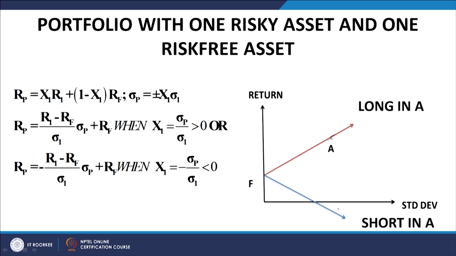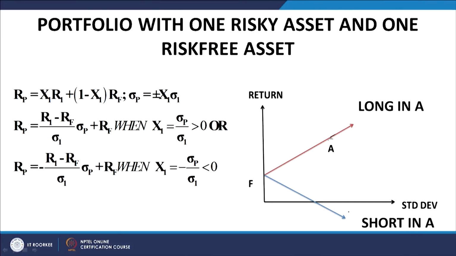What happens along this particular line? Along this line, we simply short A and invest in the risk free asset. So, we borrow A, short sell in the market, we get some money, and that money we invest in the risk free asset. That is what this line represents.